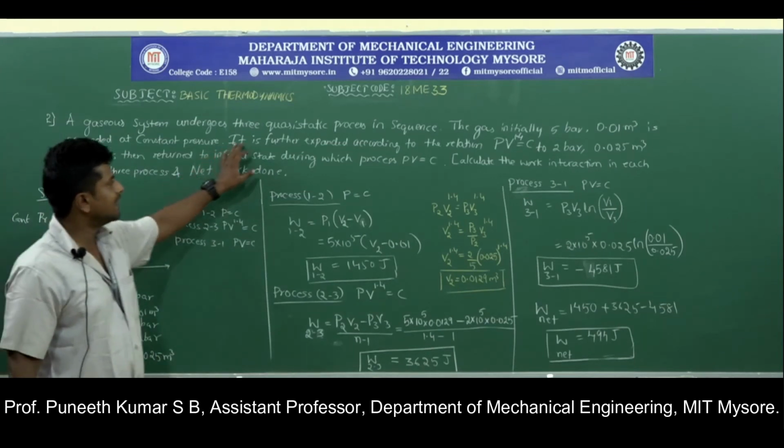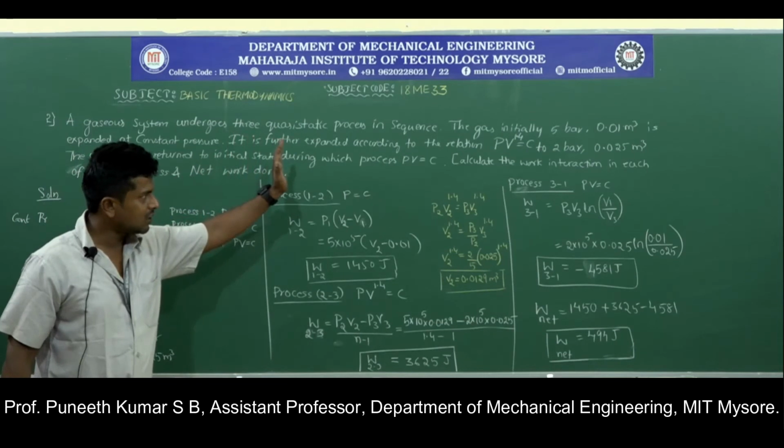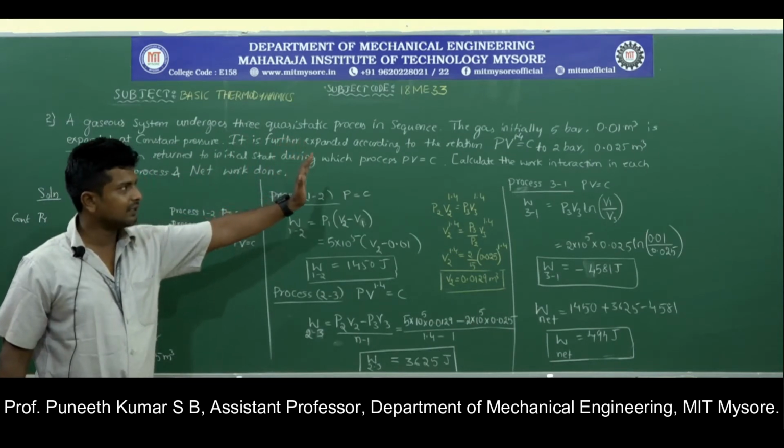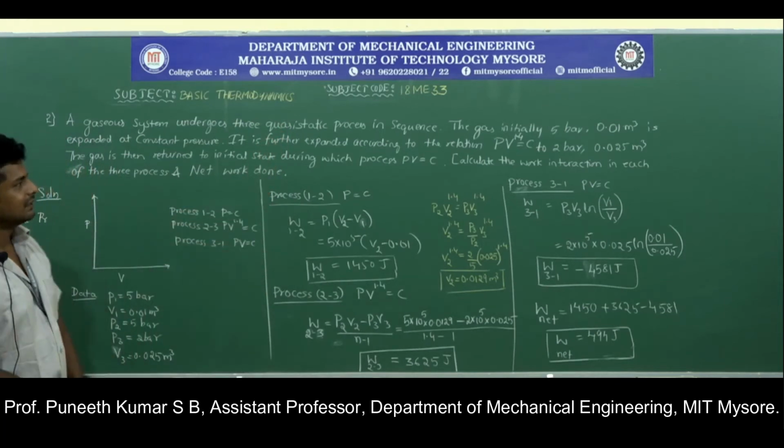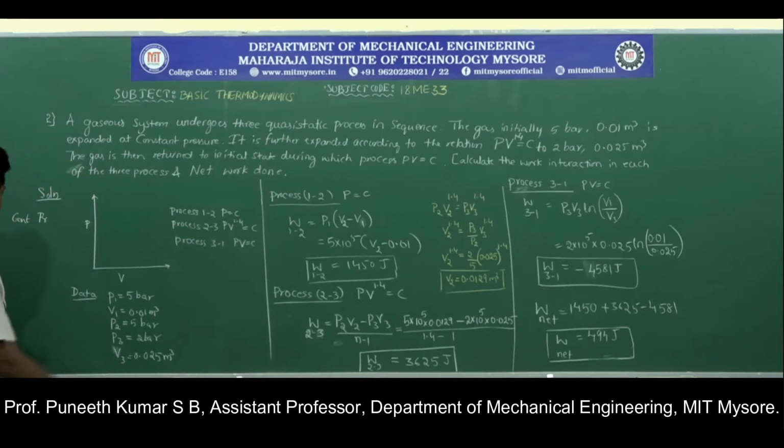It is further expanded according to the relation PV to the power of 1.4 is equal to constant. It is similar to what we have already seen in the previous class, that is PV to the power of gamma is equal to C, where gamma is the specific heat ratio, and instead of gamma the value has been given as 1.4.